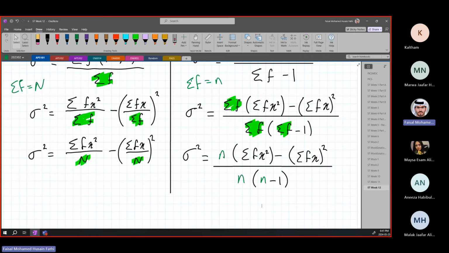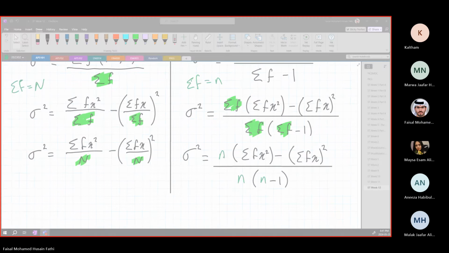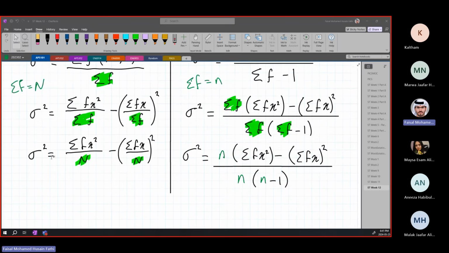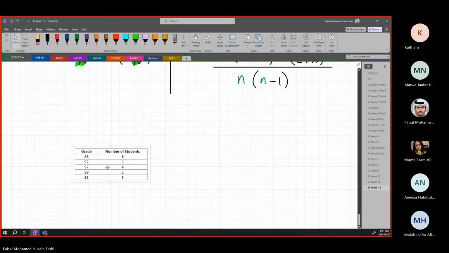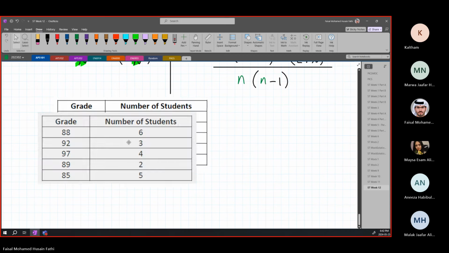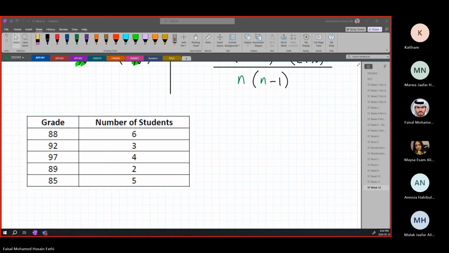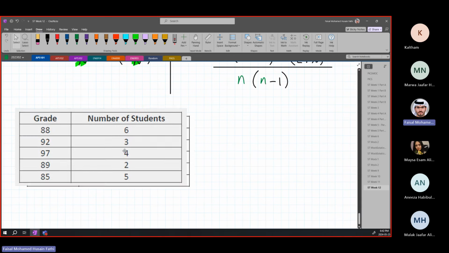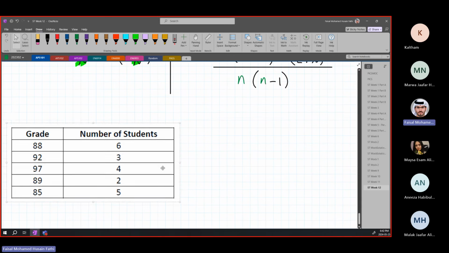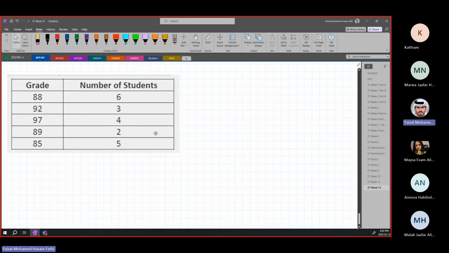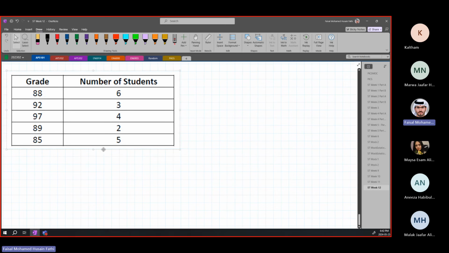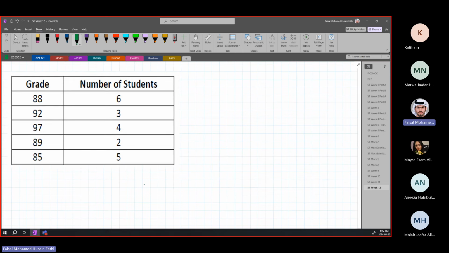So let's look at an example over here. Let's say these are the values that have been given. To use your simplified equation, we're obviously going to have to increase the size of this table and add a few more columns.